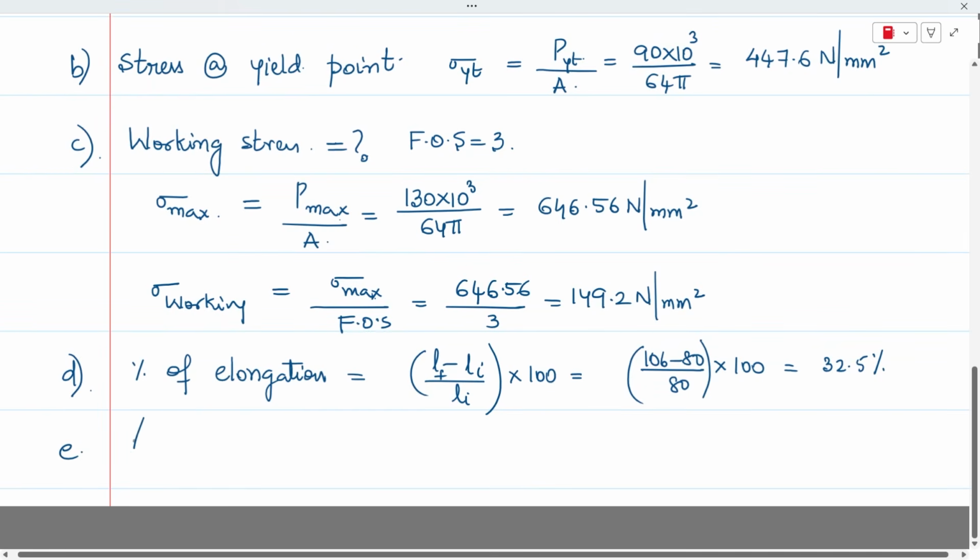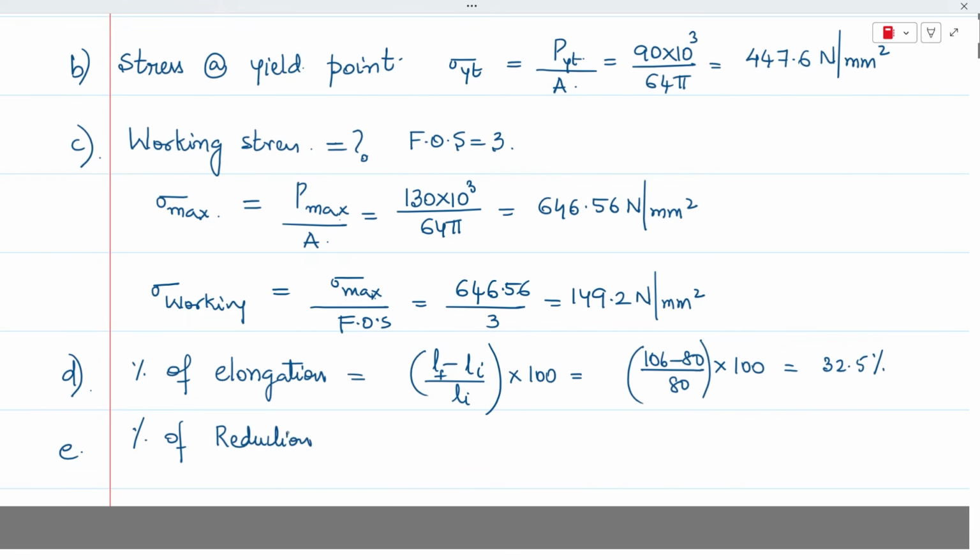Next is percentage of reduction in cross section. C/S stands for cross section. So this is final area minus initial area by initial area into 100%. So this is having a diameter. That means pi by 4 is common for the numerator as well as for the denominator.